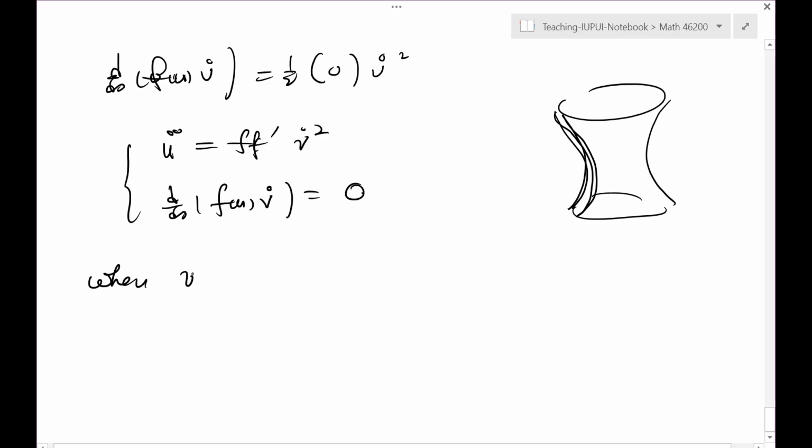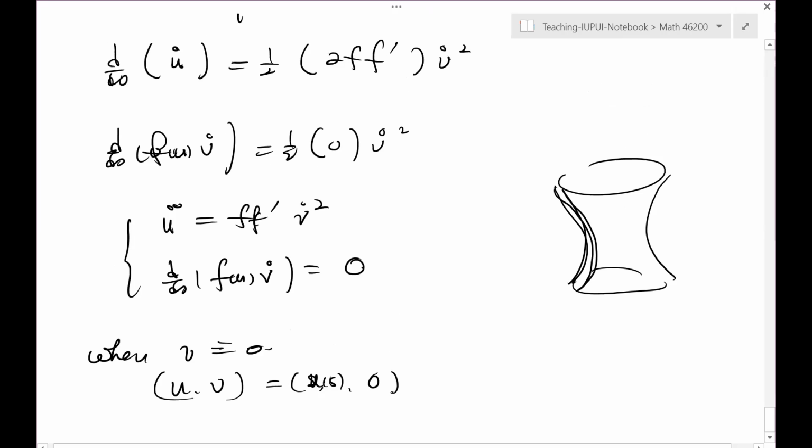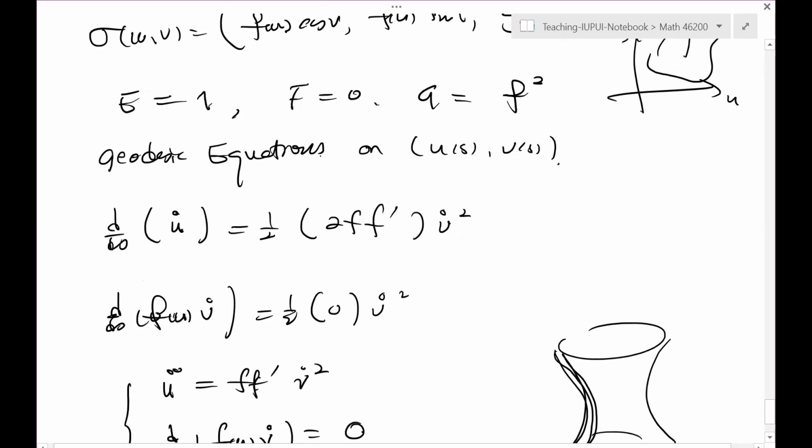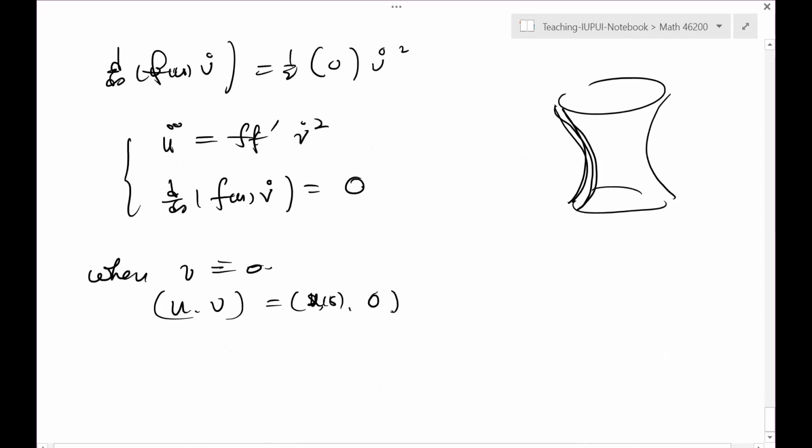When v equals 0, my u(s), v(s) here is going to be s. So you get a curve from top to bottom.